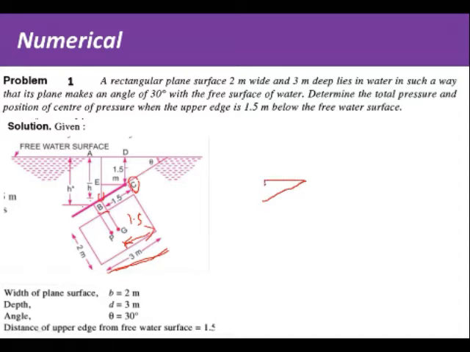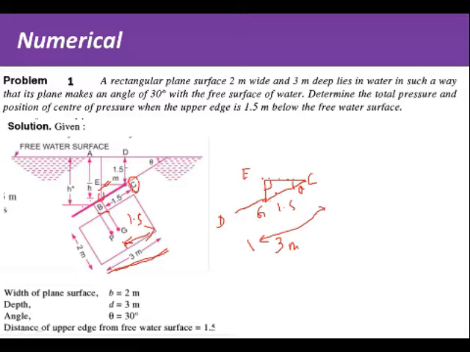Suppose this point is G, center of gravity, this is the other end, and suppose this end is E. We will extend one horizontal line. Now this C to D is the plane surface. From C we will extend one horizontal line, and from G we will extend one vertical line, and this angle is theta, and this total width is 3 meter.